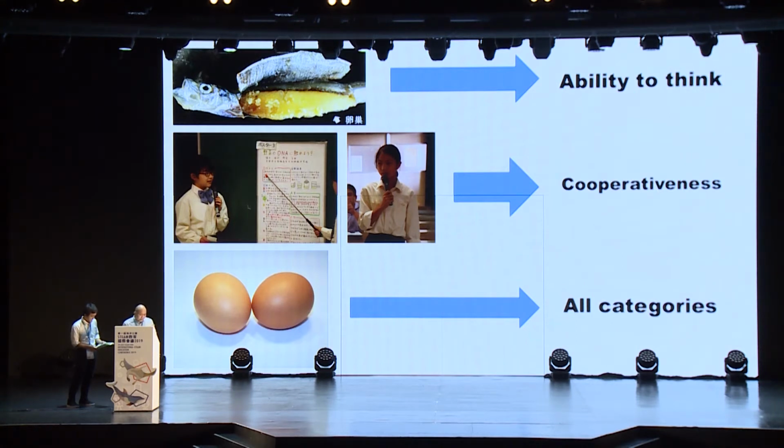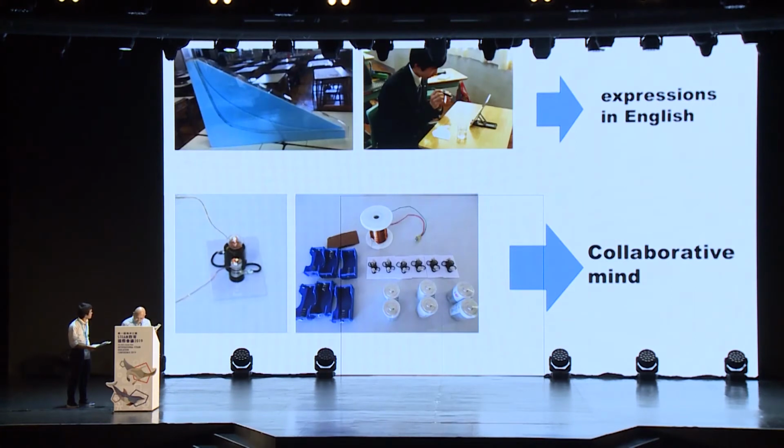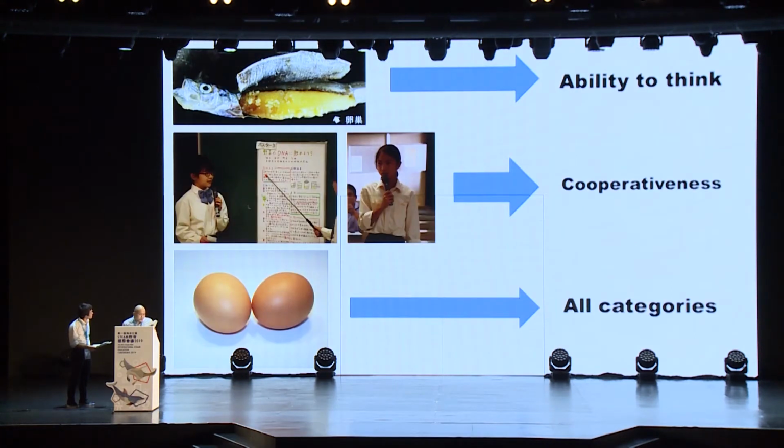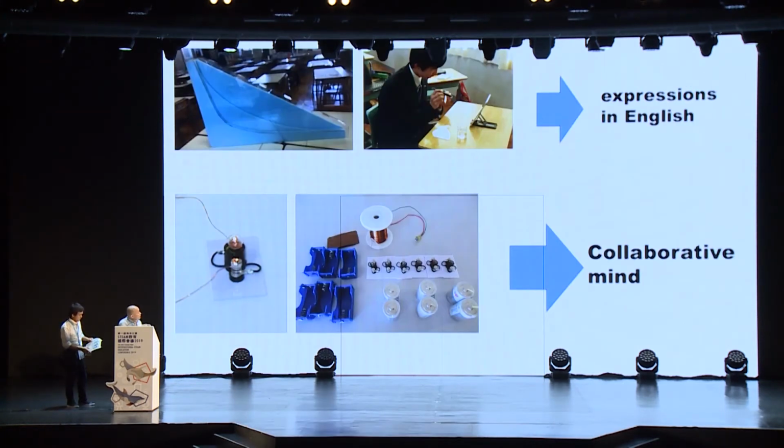Thinking ability is fostered in counting eggs. Cooperativeness is fostered in summer trainings. All categories are fostered in the egg drop contest. Their expressions in English are fostered in Skype. Collaborative minds are fostered in creating encryption codes.